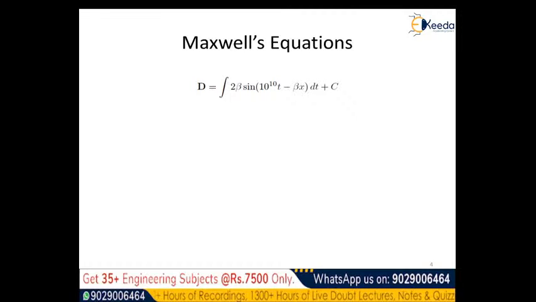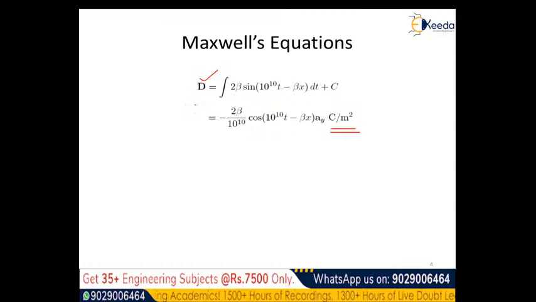When we solve the integral, it will be equal to minus twice beta divided by 10 raised to the power 10 multiplied by the cosine of 10 raised to the power 10 t minus beta x, bracket completed, multiplied by ay. This is the expression for capital D, the electric flux density, measured in coulombs per meter square.